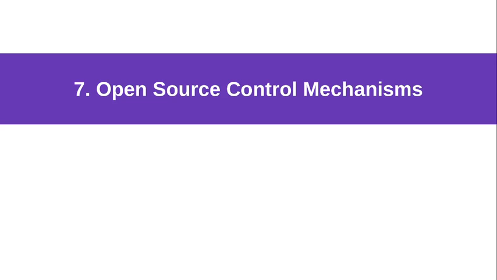Or if you're a commercial open source startup specifically, and you make your own intellectual property available under an open source license, and you have commercial intentions, you may want to define what people can do with it and possibly restrict that. And for that, you need control mechanisms.